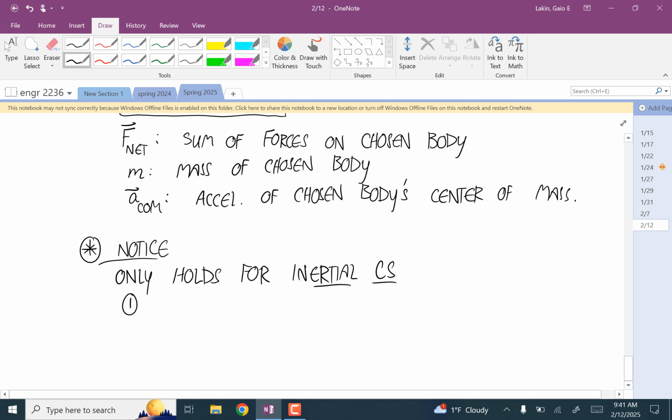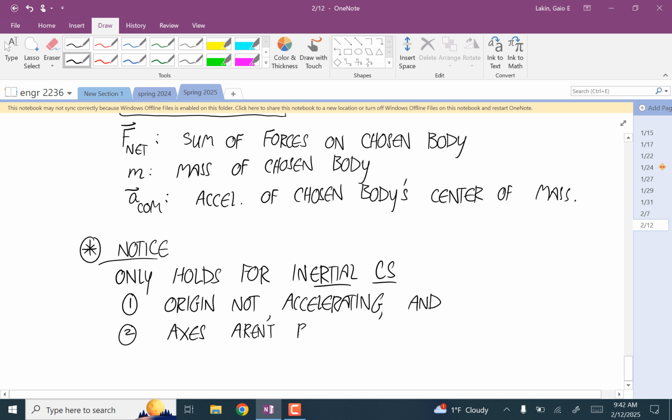And the requirements of an inertial coordinate system are, one, that the origin is not accelerating, and two, that the axes aren't rotating. By rotating, I mean changing orientation over time.